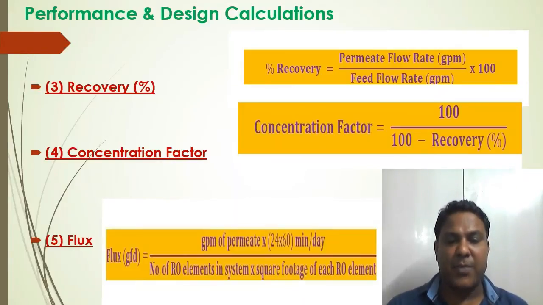The higher the recovery percentage, the less water you send to drain as concentrate and the more permeate water you save. However, if the percentage recovery is too high, then it can lead to larger problems due to scaling and fouling, and hence need replacement very shortly.